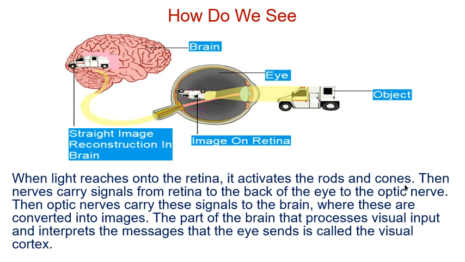Then nerves carry signals from the retina at the back of the eye to the optic nerve, and the optic nerve carries these signals to the brain, where they are converted into images. The part of the brain that processes visual input and interprets the images the eye sends is called the visual cortex, which can see.